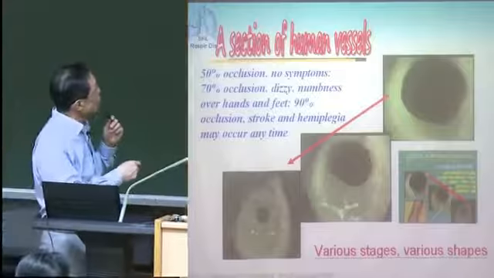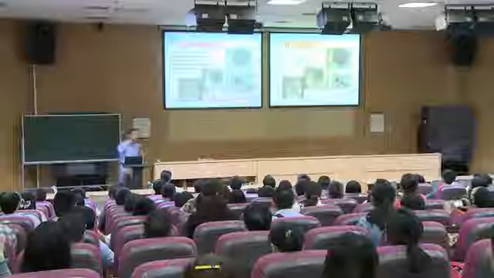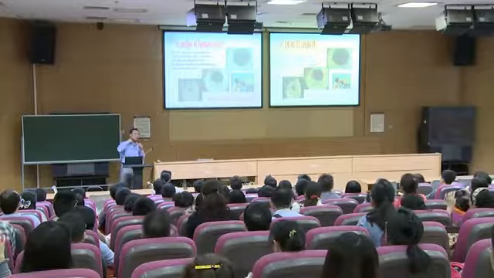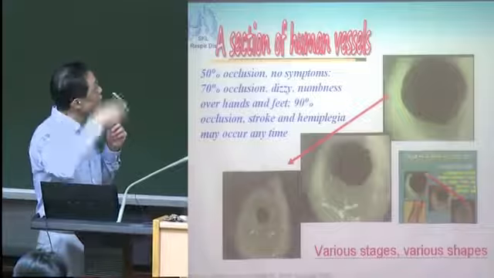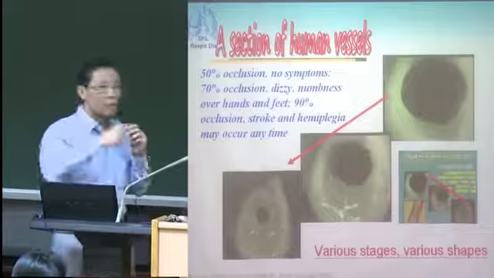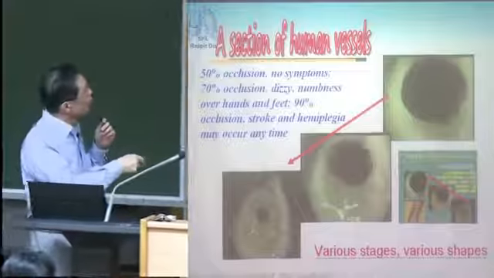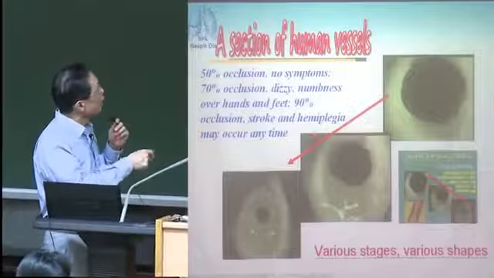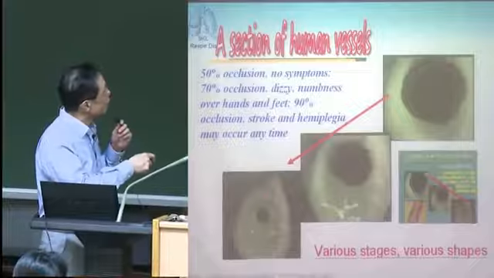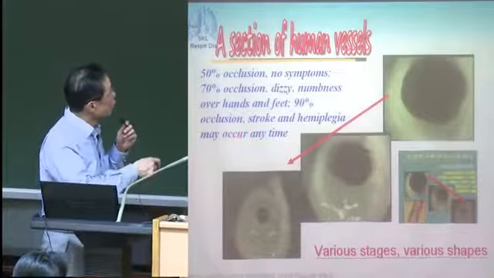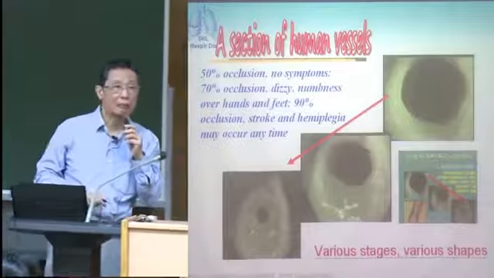With 70% occlusion, for example in the neck carotid artery, the patient will feel a little bit dizzy and numbness. And if it is the femoral artery, 这个股动脉, there will be numbness of the hand or feet. If it is really 90% occlusion, stroke and hemorrhage will happen from time to time.